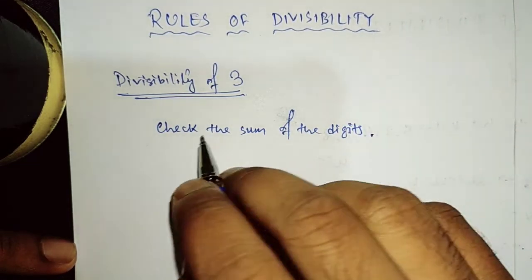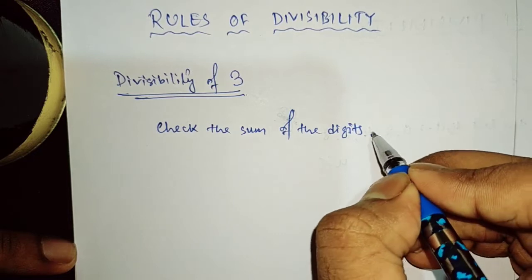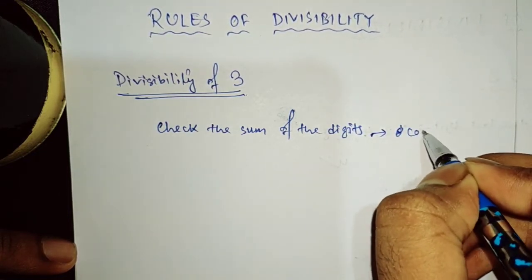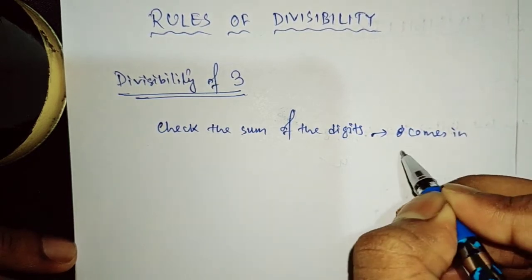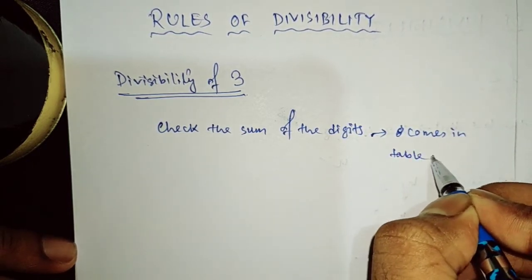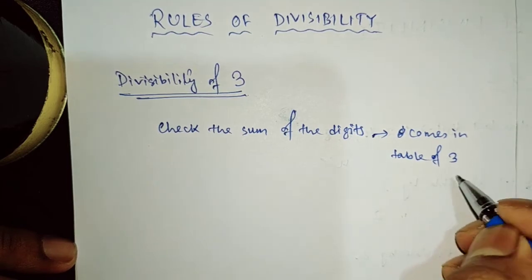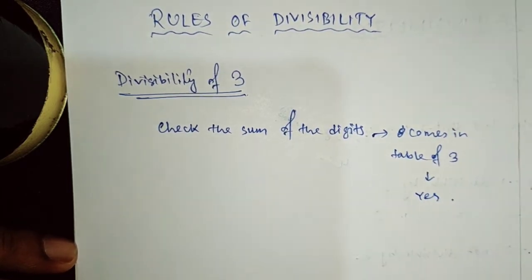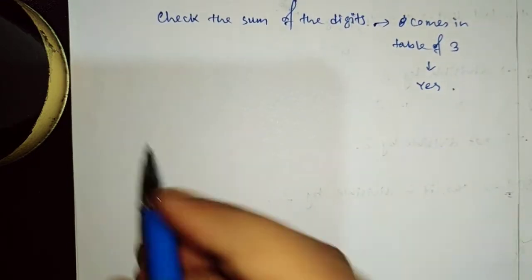Let me just write it first. Check the sum of the digits. If it comes in the table of 3, then yes. Now let's discuss with an example.